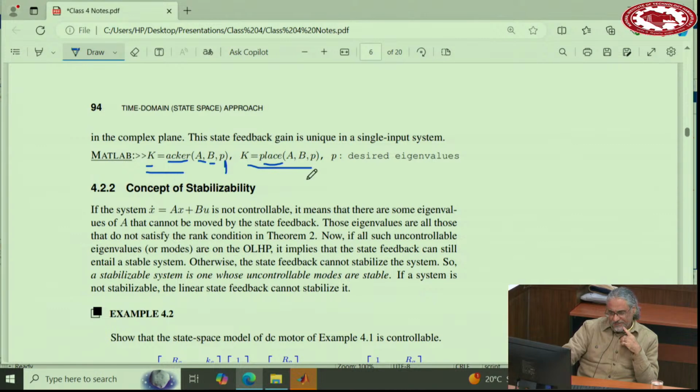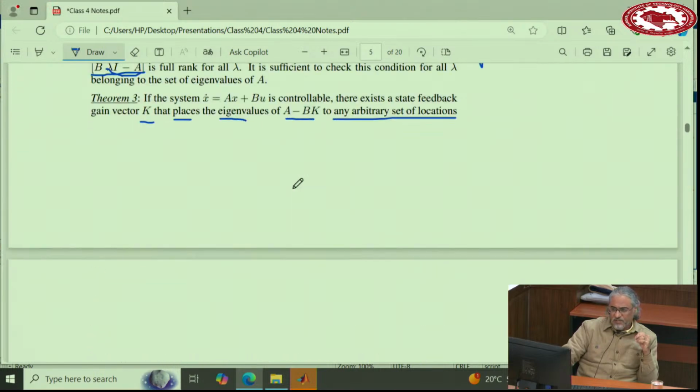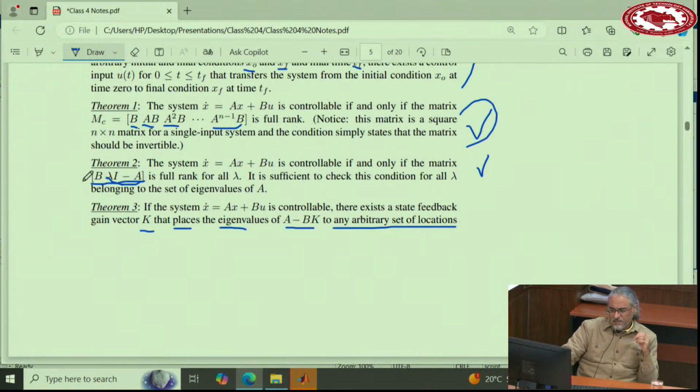Okay. Now, if there is one lambda for which the rank of this matrix is not full, that means that particular eigenvalue, you cannot move it using a state feedback.